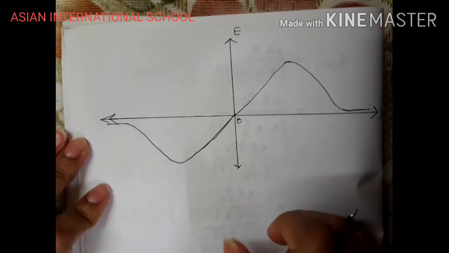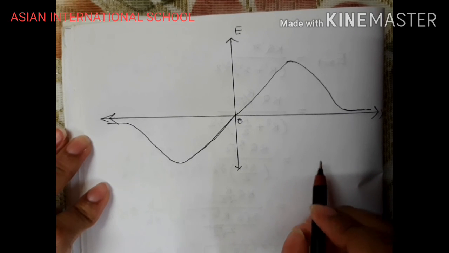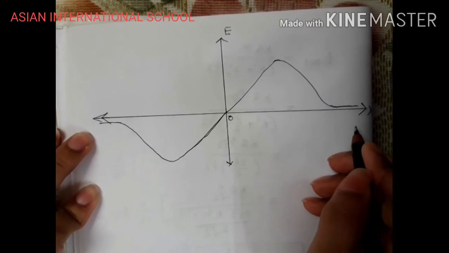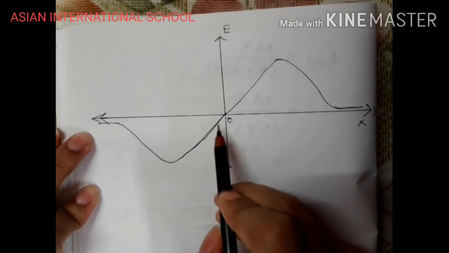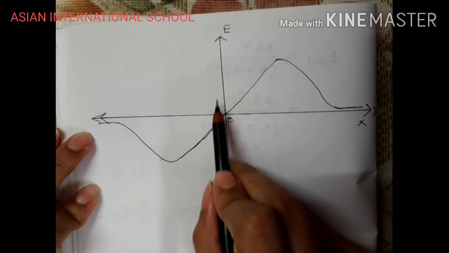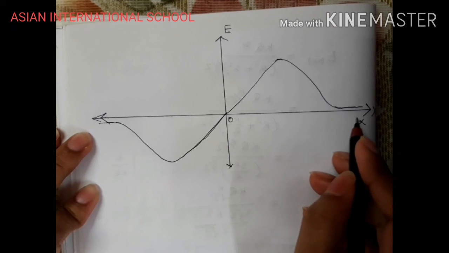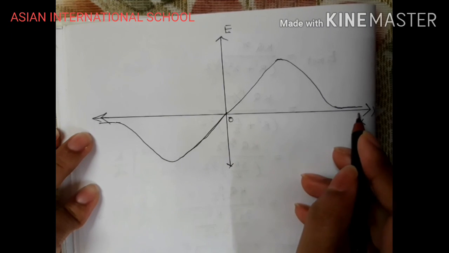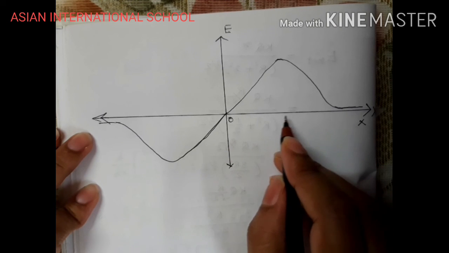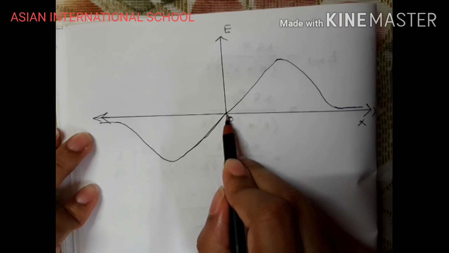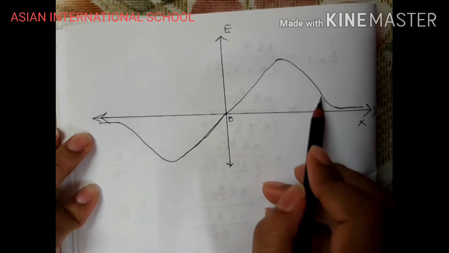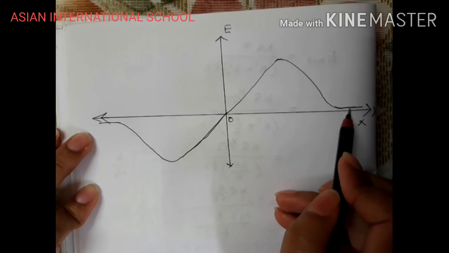So now if I want to draw the graph, this is representing your x-axis, this is representing your y-axis, so this is your electric field and this is your position. At the position where the electric field will be maximum. Electric field at the center is 0. Electric field at infinity is also becoming 0.